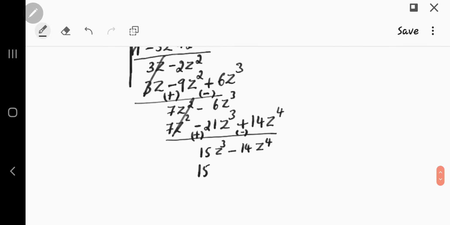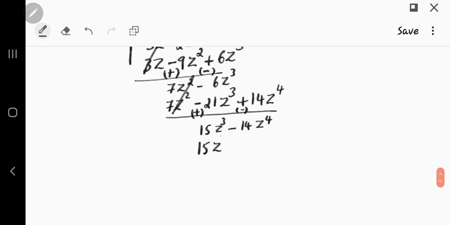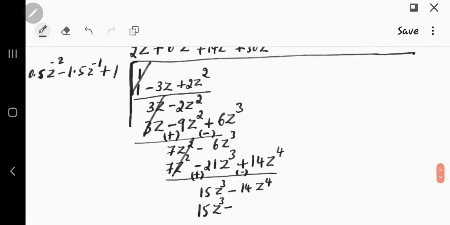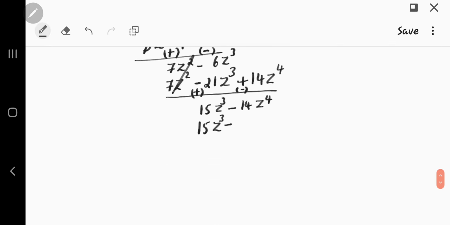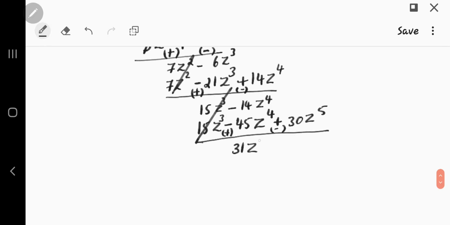Z power 5 and z power minus 2 will give you z cube, minus 30 into 1.5 is 45, z to the power of 4, plus 30z to the power of 5. So this gets cancelled. This is plus, this is minus. 45 minus 14 is 31z4 minus 30z5.